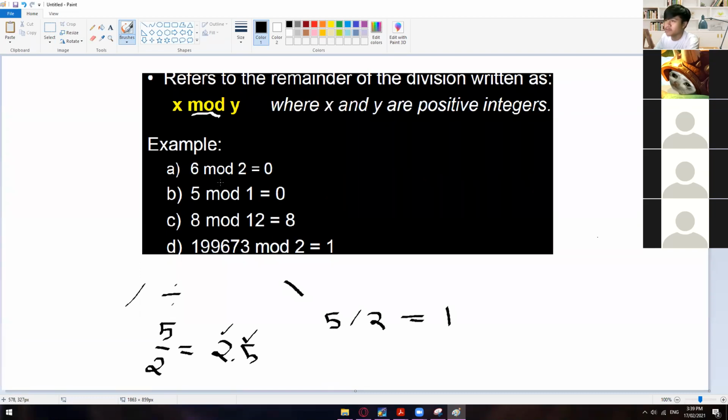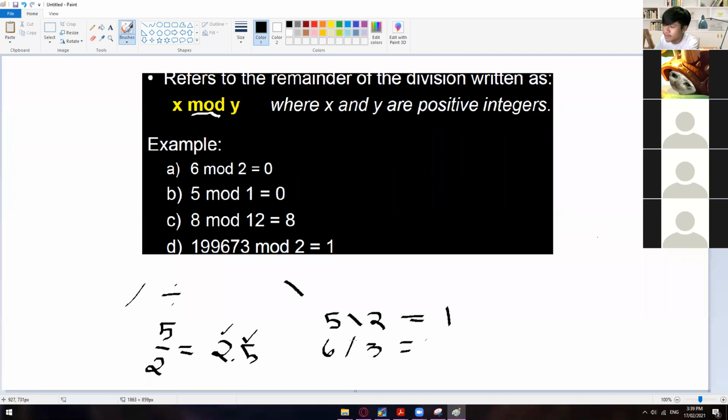So how about if we don't have a remainder? 6 divided by 2 is actually 3, so 3.0. This one is in division. Oops, sorry, this one should be in modulus. So this is the symbol for modulus.